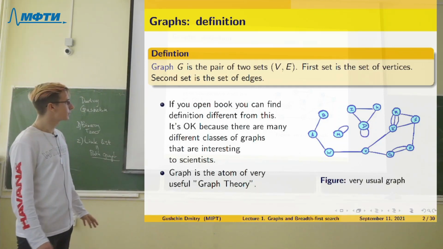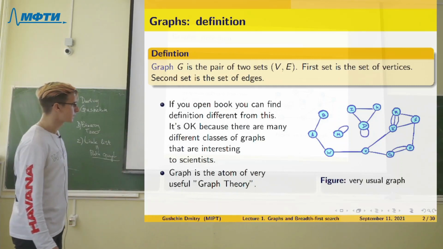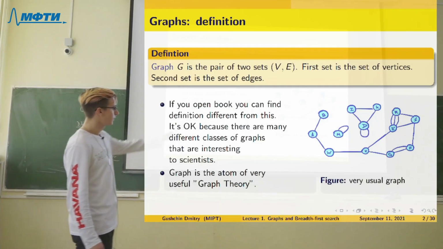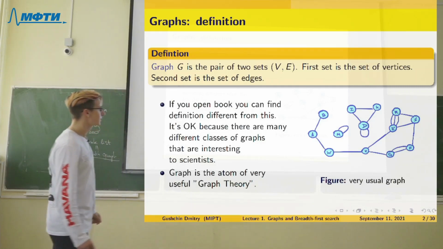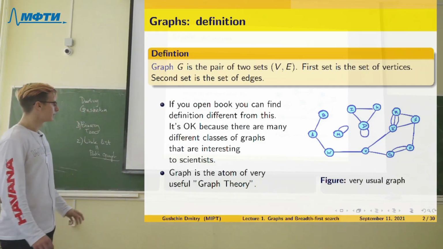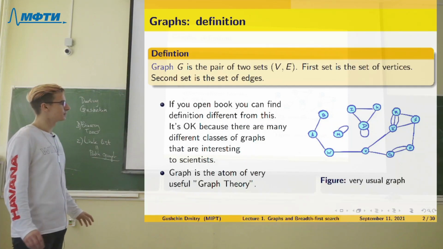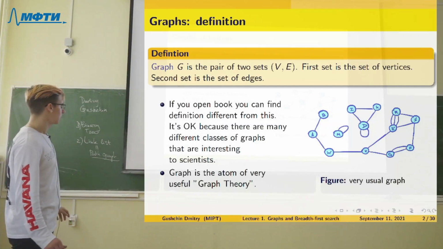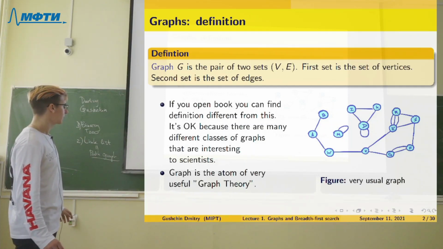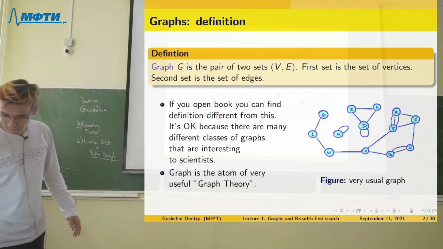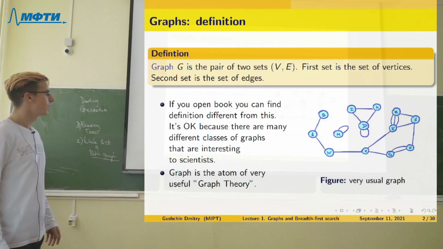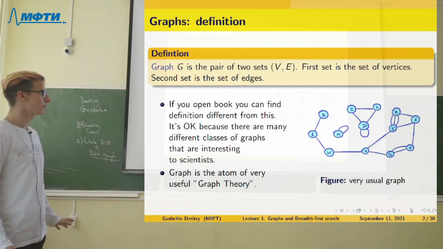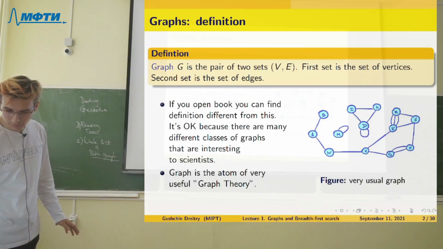But for example, you can see now that on the figure there are loops and multiple edges, and we will think that the graph has no such edges.